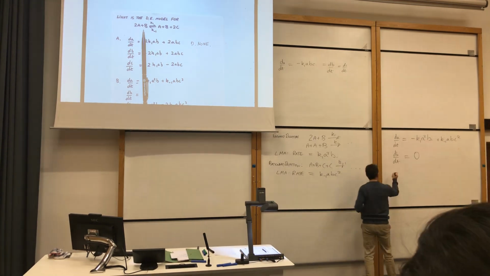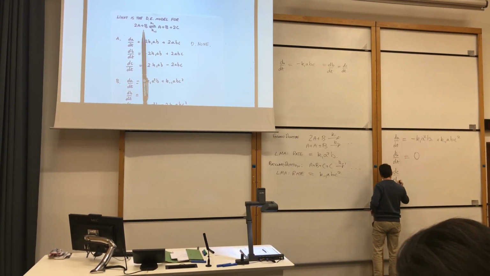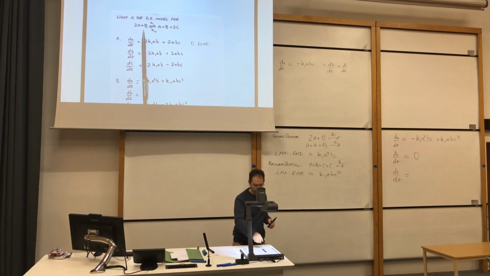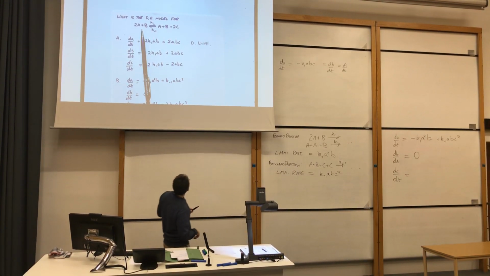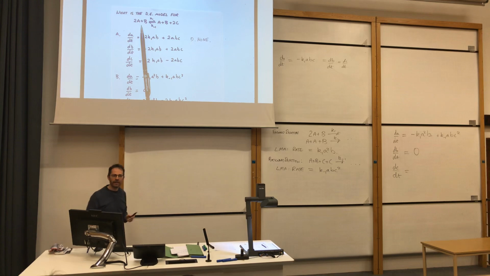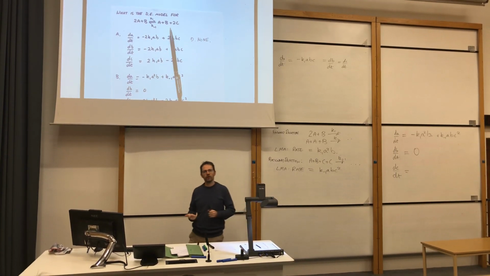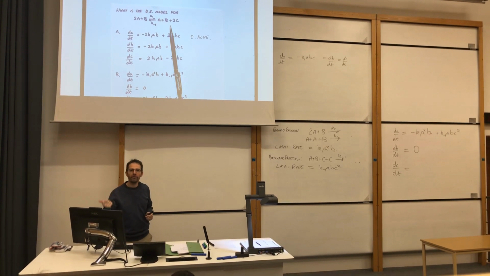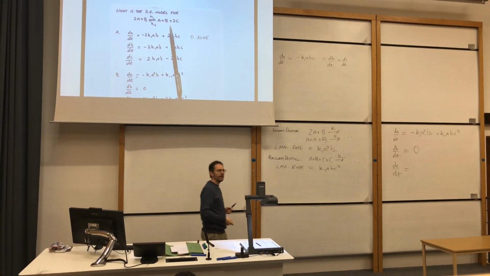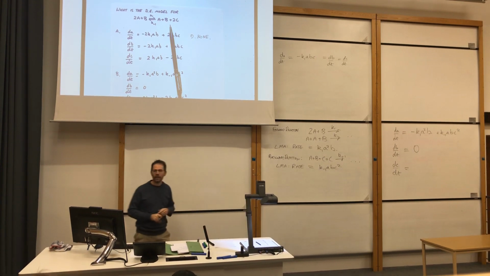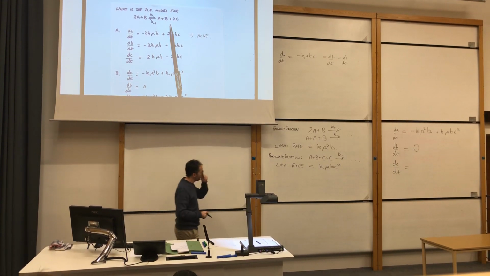What about C? Just applying the same sort of logic. On the left-hand side, we don't have any molecules of C, but as a result of this forward reaction, we create 2 molecules of C. So for every time that forward reaction takes place, you create 2 molecules of C. And that's critical for then writing down the rate equations.